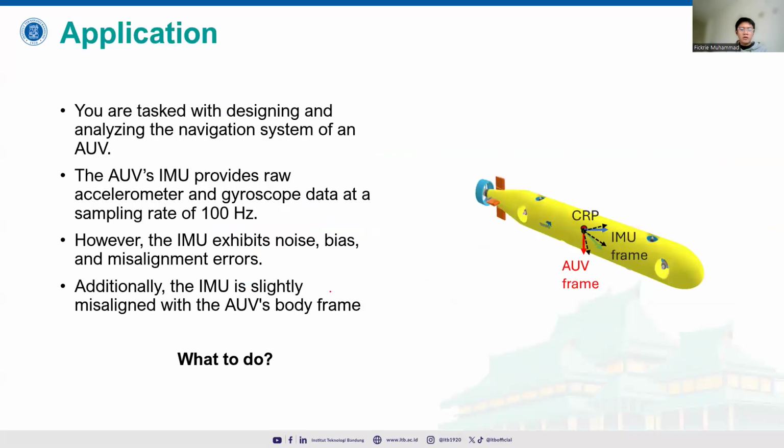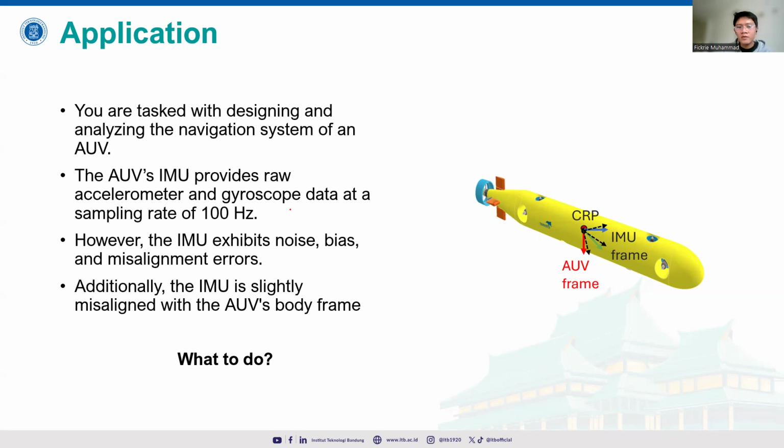Well, yeah. At the end, for remarks, for example, this is the application when we are tasked with designing and analyzing the navigation system, an INS, for an AUV, for example. We know that the AUV IMU provides raw accelerometer and gyroscope data at a sampling rate of 100 Hertz.